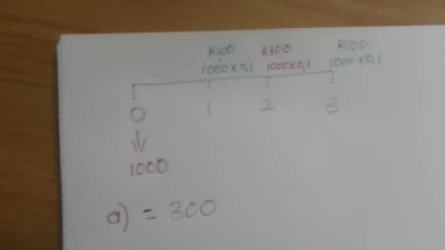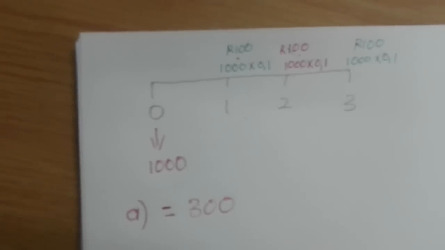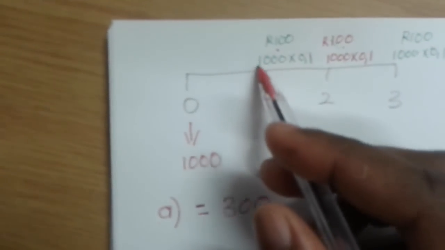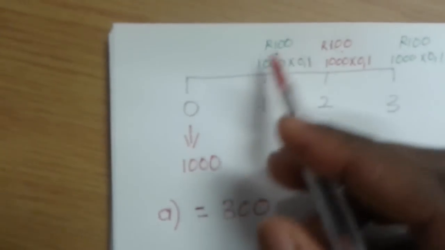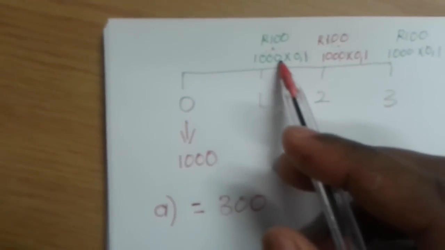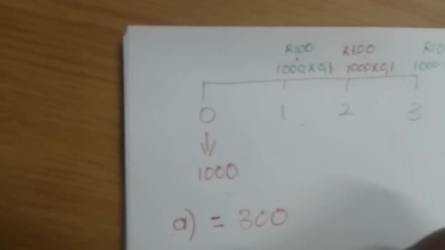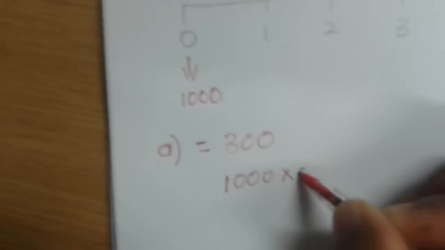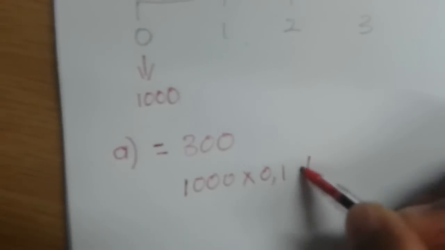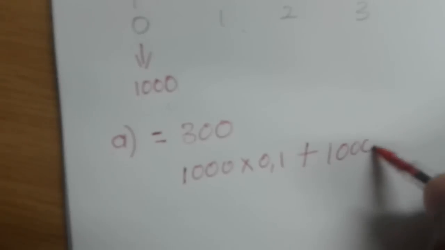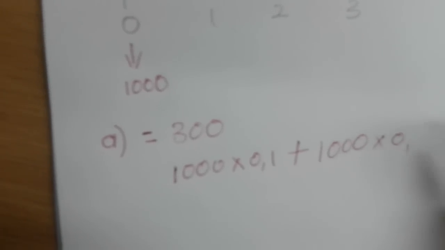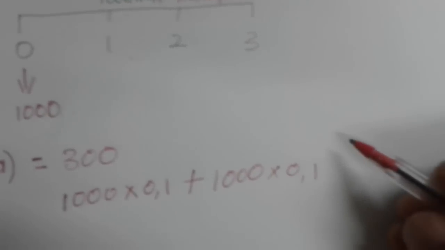Right? So now let's quickly look at how we got this. So this is 1000 times 0.1 plus 1000 times 0.1, right?